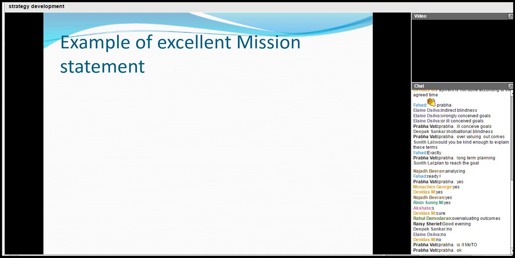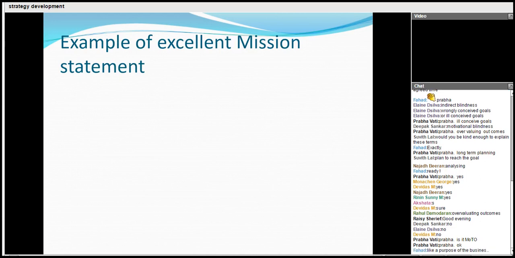Okay. Now, let's look at an example of a mission statement. Before I give you an example, I want to ask a very salient question. Yeah, that's correct. The purpose of the business, that is the mission. Is it education? Is it transportation?